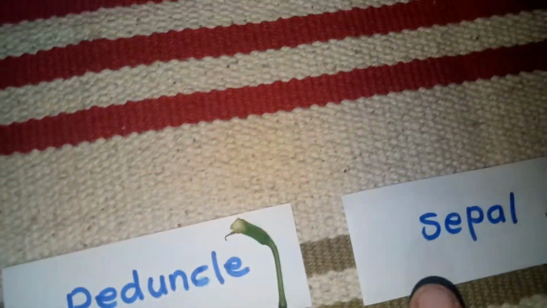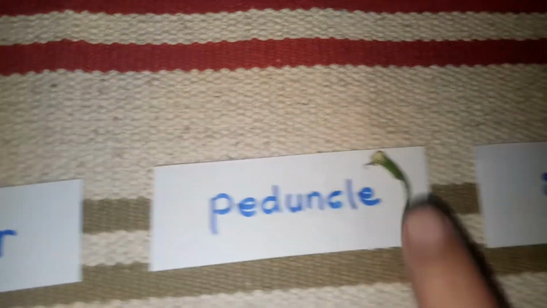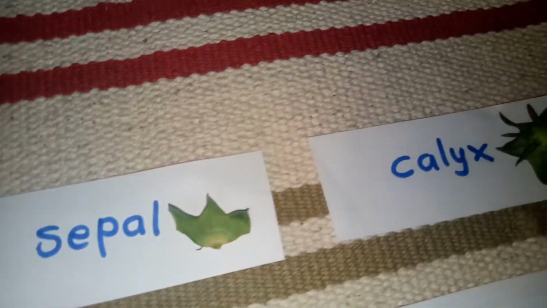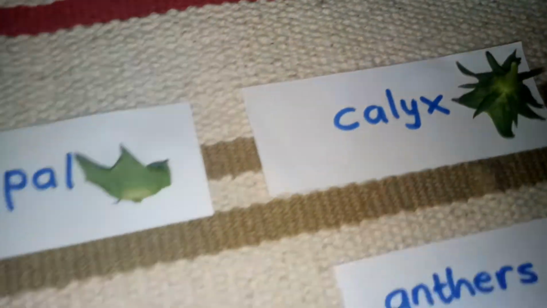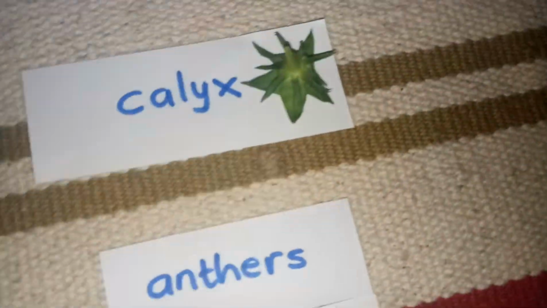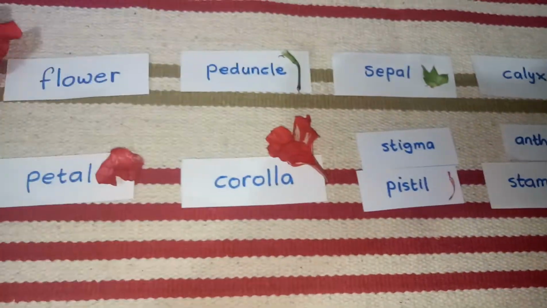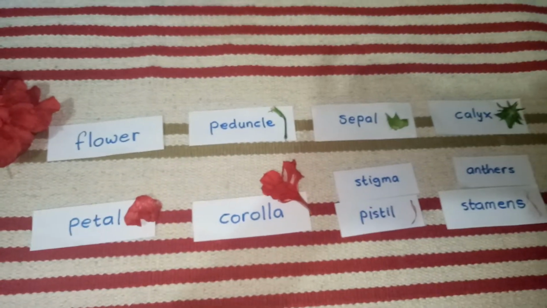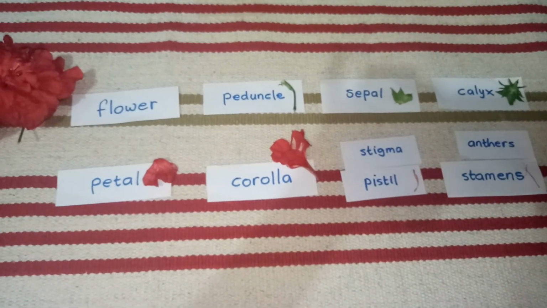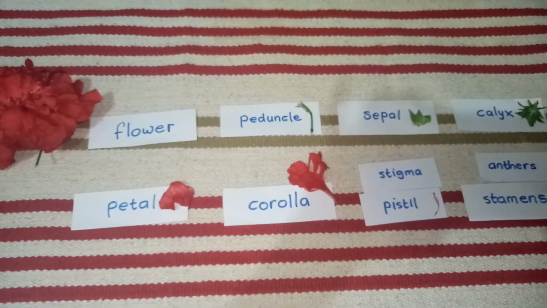The stalk here is the peduncle, and the sepal, and then the calyx, and this is the petal and the corolla, and this is the pistil and the stigma at the top, and this is the stamens with the anthers at the top.